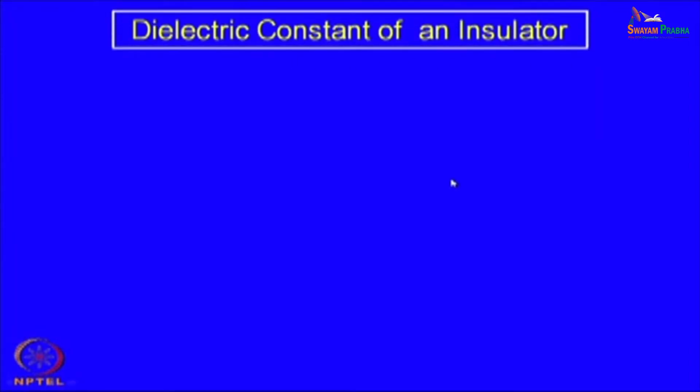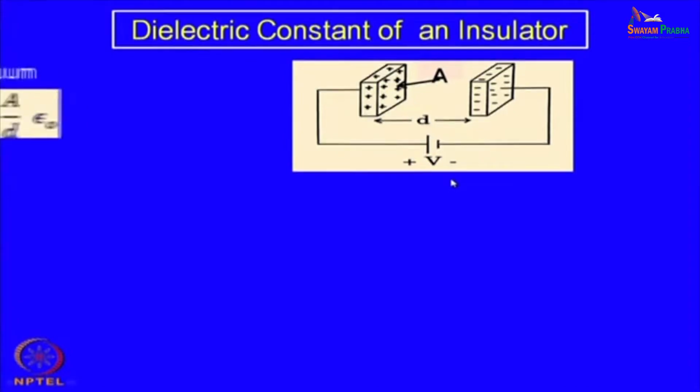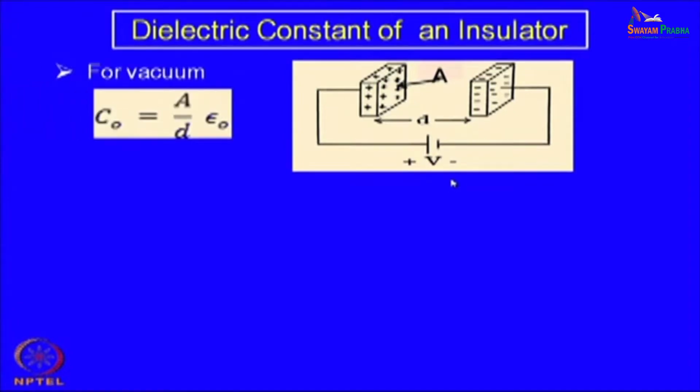We can see some more equations like this, the same for the vacuum. Whatever equation we have written earlier, the capacitance is C0. Capacitance is a geometric function. So, it is A by d, where A is the area and d is the distance, and we introduce a term called epsilon 0, so epsilon 0 multiplied by A by d is the capacitance of this simple device.